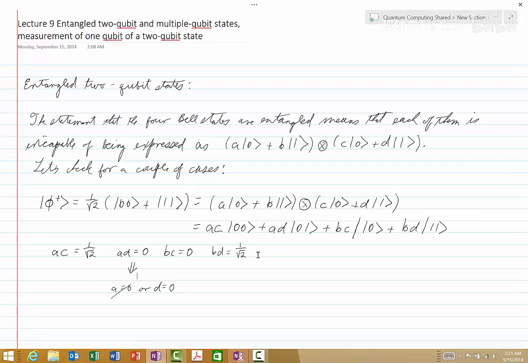So this shows that it is impossible to express phi plus in this way.